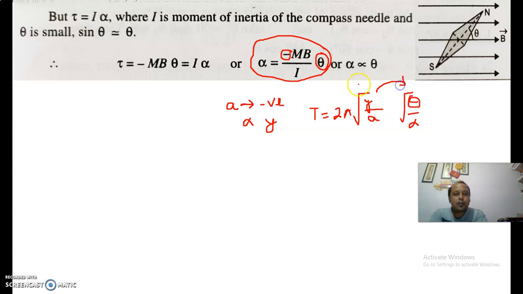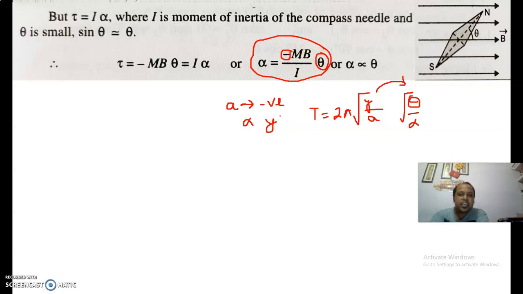So the equation for time period will become 2 pi root over theta by alpha, and theta by alpha will be I by mB. We take the magnitude only, so it will be I by mB.